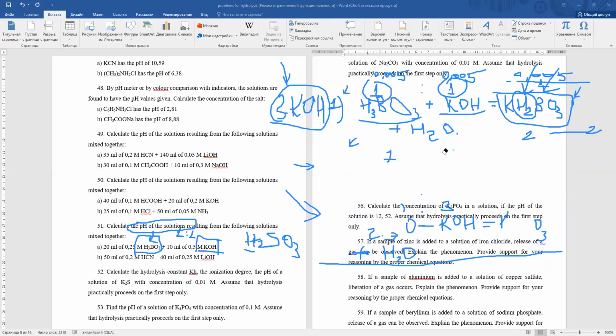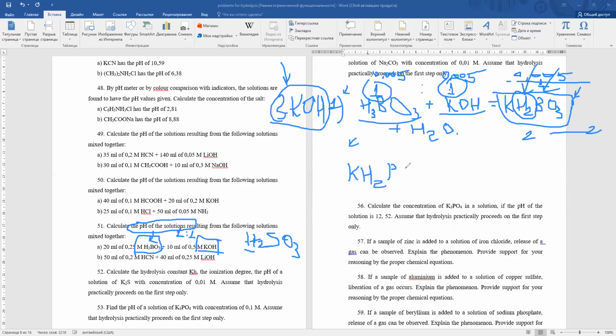So now we find the pH. Do you know the meaning of the pH? pH is related to the concentration of the hydrogen cations. Okay. And after this salt forms, I multiply 0.005 by 2? Yes, and then you can find the concentration of the hydrogen cations.